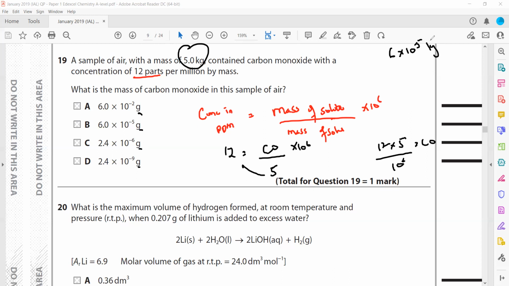But all the options you can see are in gram, so we have to convert into gram by multiplying by 1000. When we multiply by 1000, it will be 6 into 10 to the power minus 2 grams. So A will be the right answer.